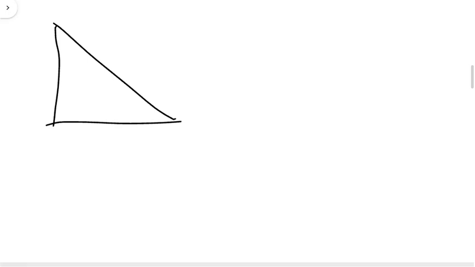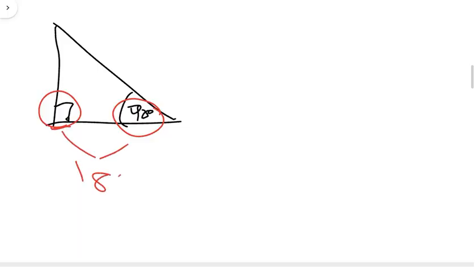So we draw this right angle triangle, which contains 90 degrees here. And since this angle and this angle are already 180 degrees, it therefore means that the angle here is 0 degrees, right?